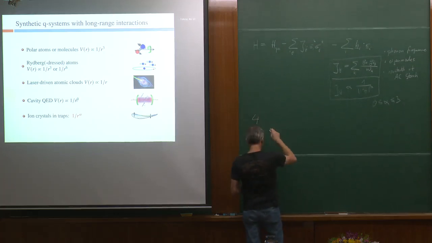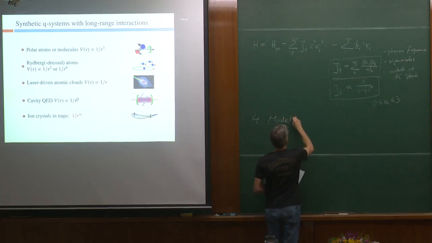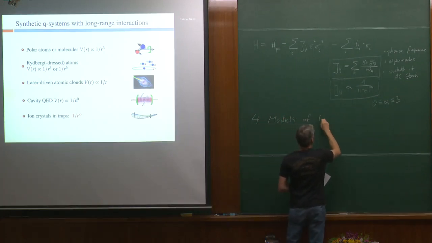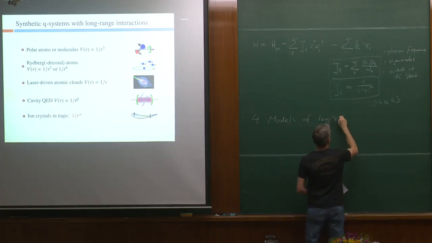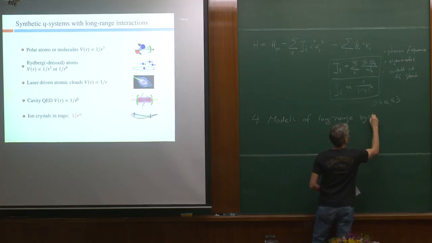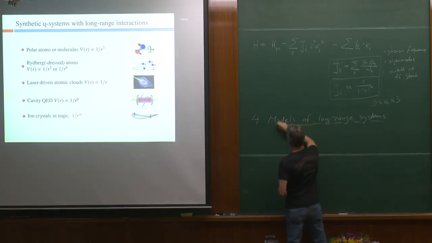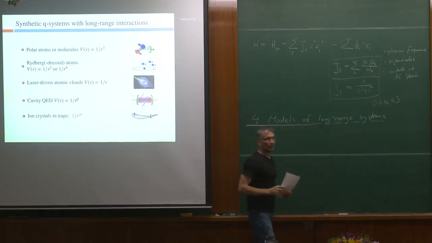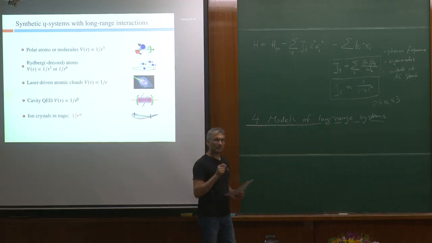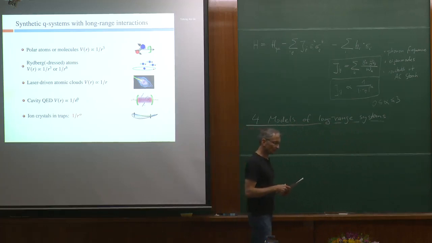So that should be chapter 4, models of long-range systems. And the idea here, of course, will not be to describe a certain experiment as precisely as possible.